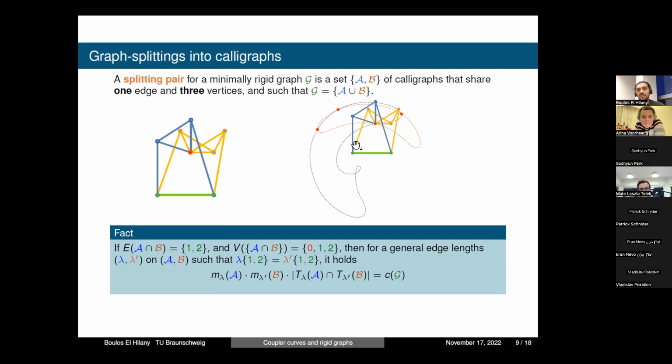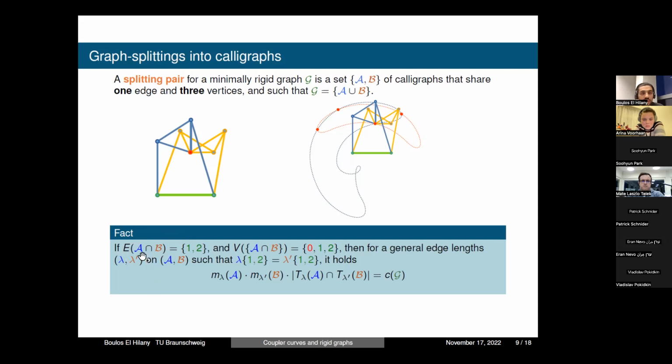And at the same time, if I have two realizations of Calligraphs with a common part, then their union in this way will give me a realization of a minimal rigid graph. So this means that if I look at the two curves corresponding to the Calligraphs, then each intersection point gives me one realization of a minimal rigid graph. Of course there are multiplicities and components involved.